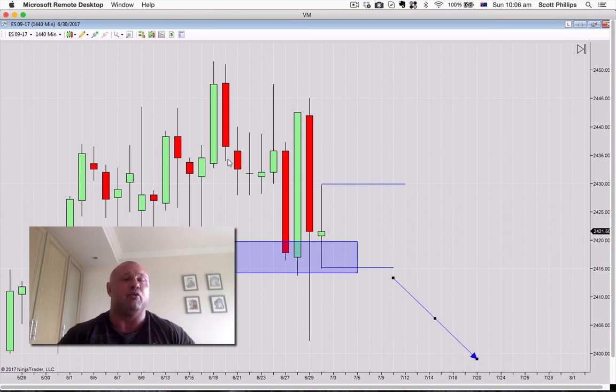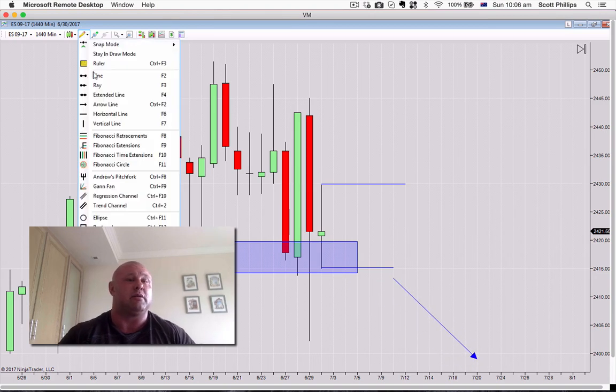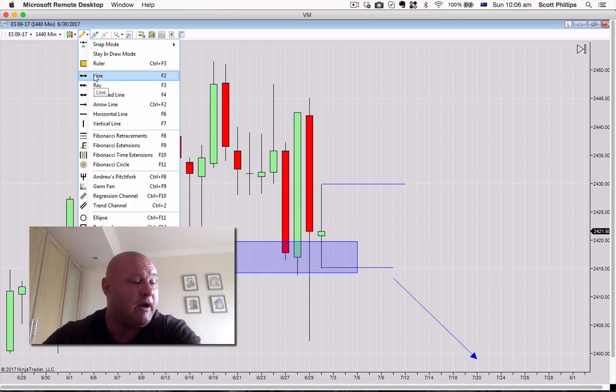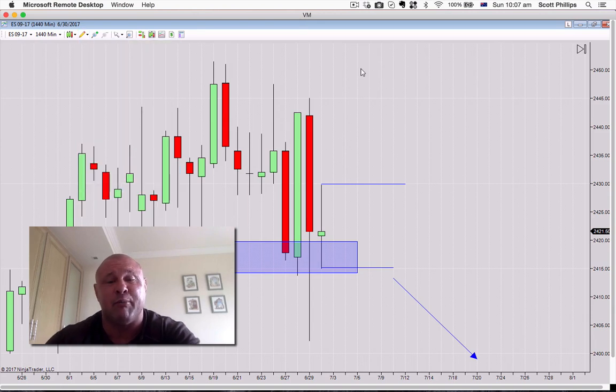That trade there will have win odds of approximately 50%, and an expectancy of about 0.21 based on a lot of data. It's a positive expectancy trade.